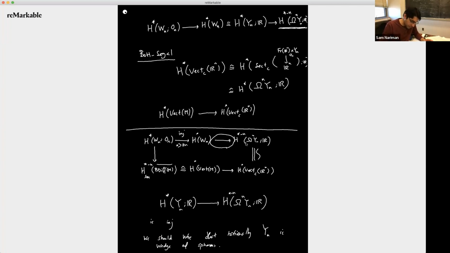When you take the n-fold loop on a wedge of spheres, you can see that on each sphere this is true. If you let Y_n be a sphere of dimension n+1, and then you n-fold loop on it and calculate this map, you see it's injective. And when you take a wedge of spheres, it's just going to be the direct sum.